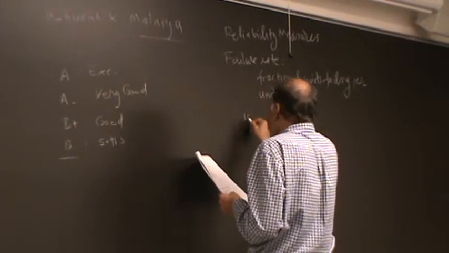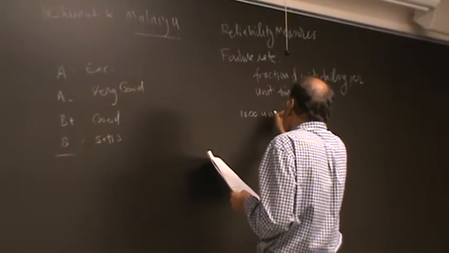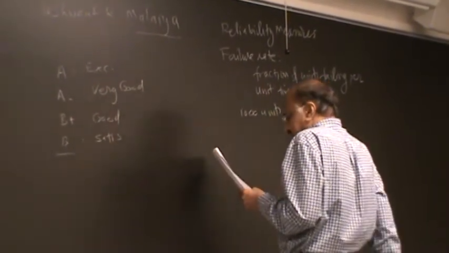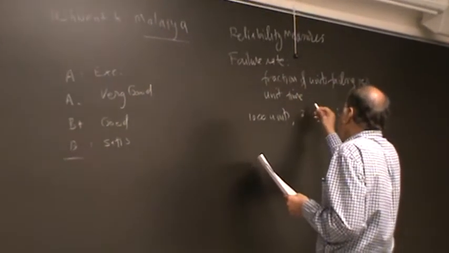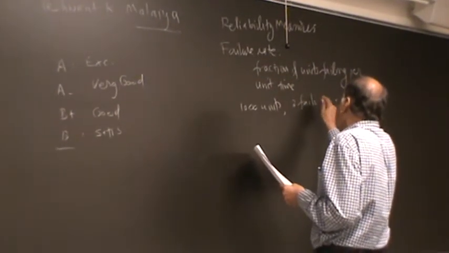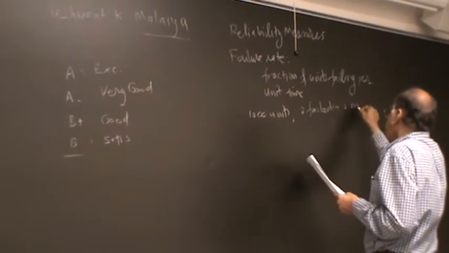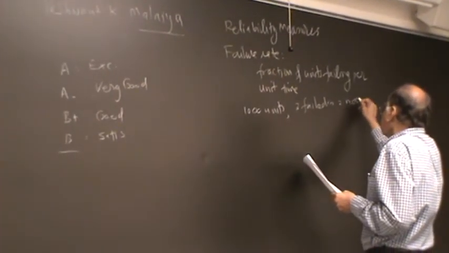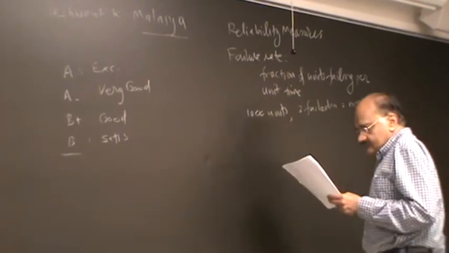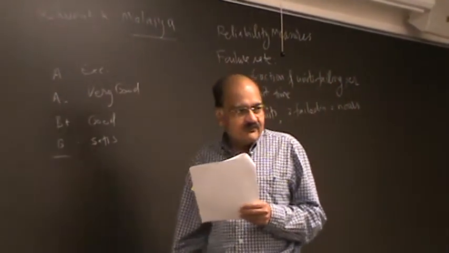So let's say we had 1,000 units, and let's say 3 of them failed in 2 hours. Then what can we say about the failure rate?